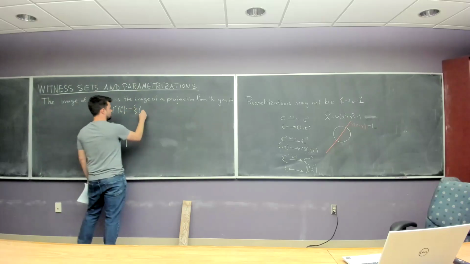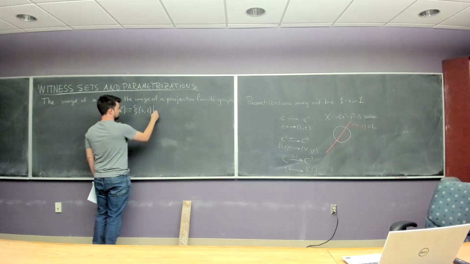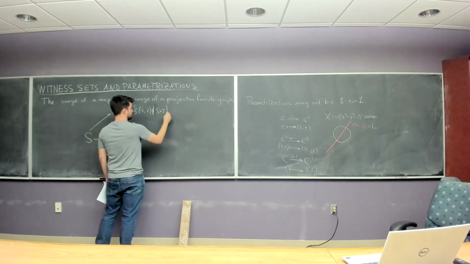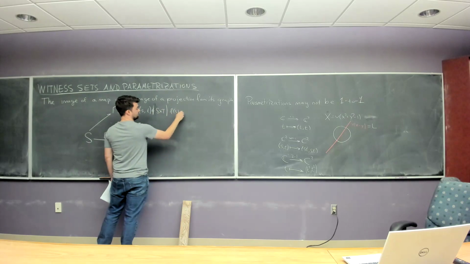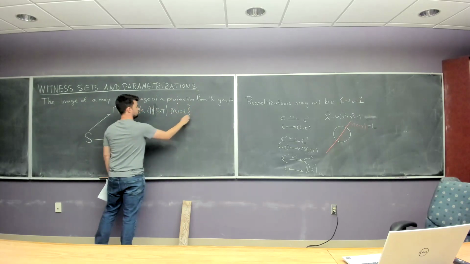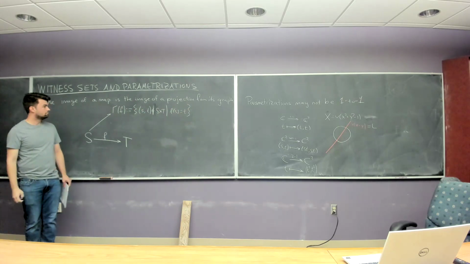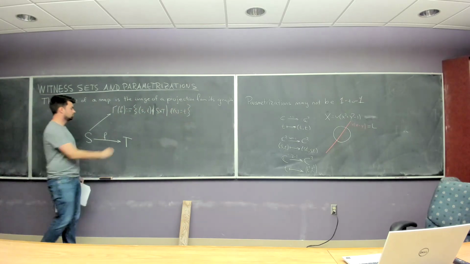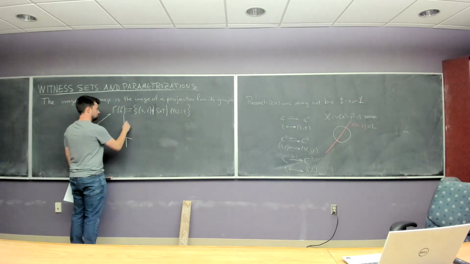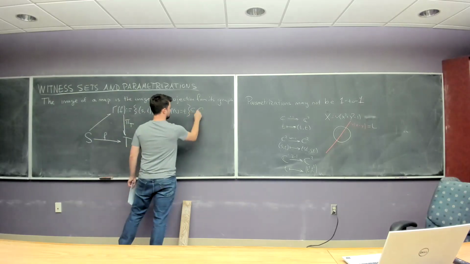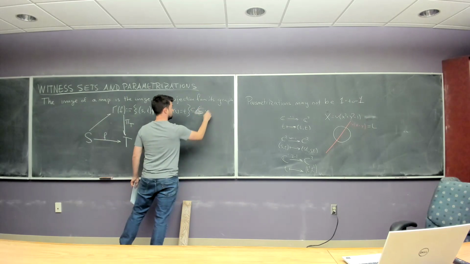You know what its graph is: all pairs (s, t) in S cross T such that t is F of s.